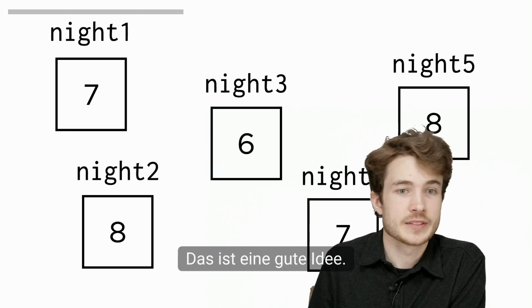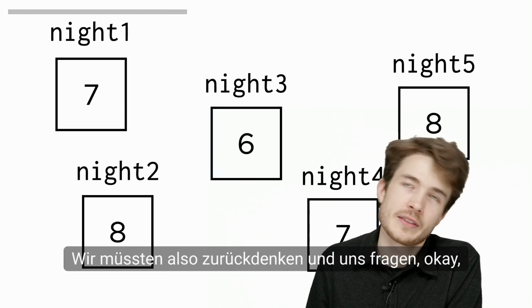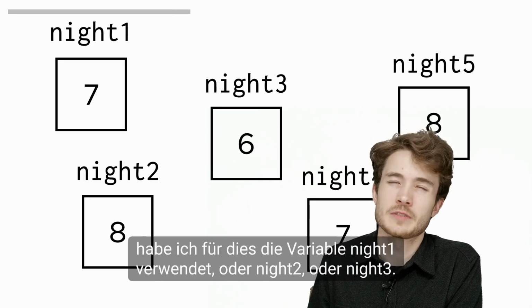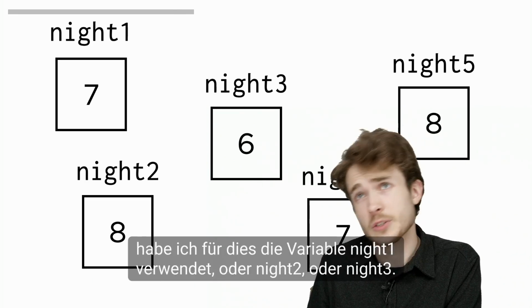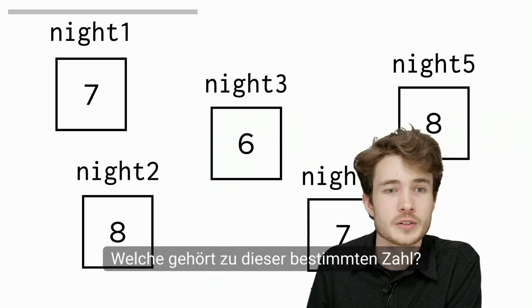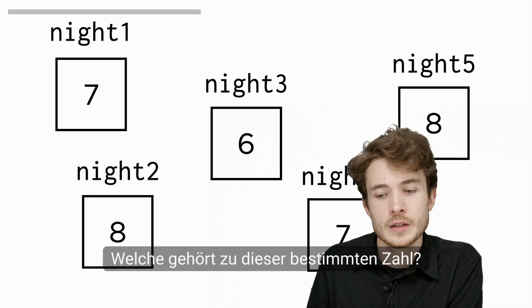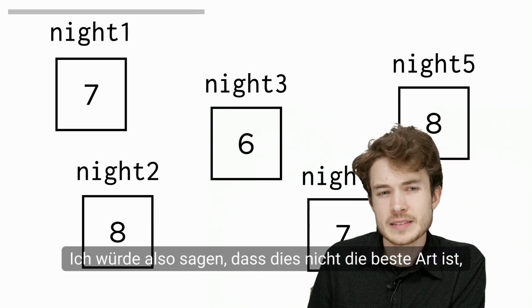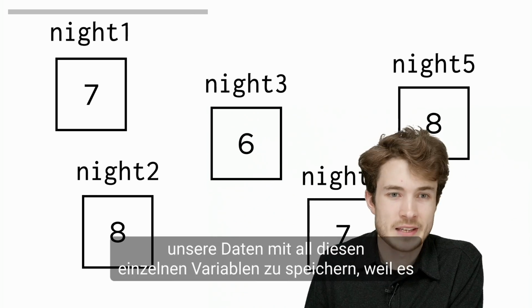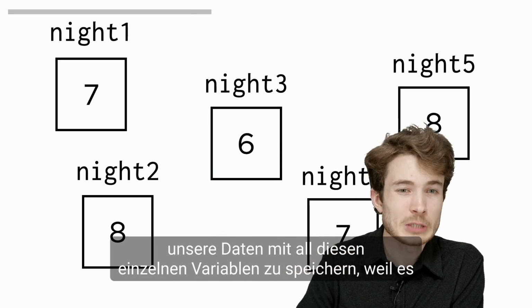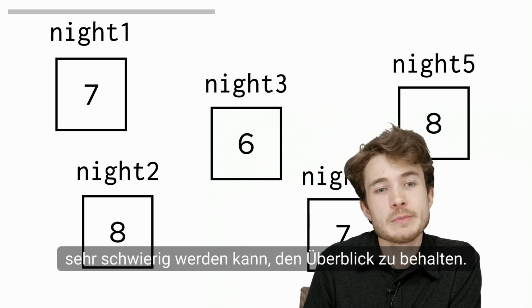That's a nice idea. We'd have to think back and be like, okay, did I use the variable night 1 for this, or night 2, or night 3? Which one belonged to this particular number? So I would say this isn't the best way to store our data, using all these individual variables, because it can get very hard to keep track of.